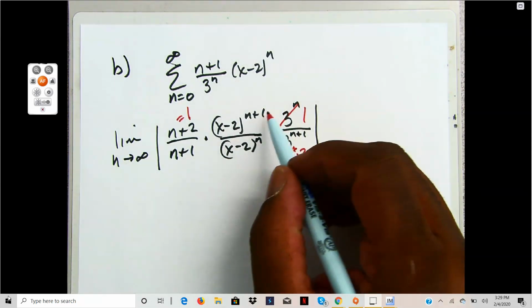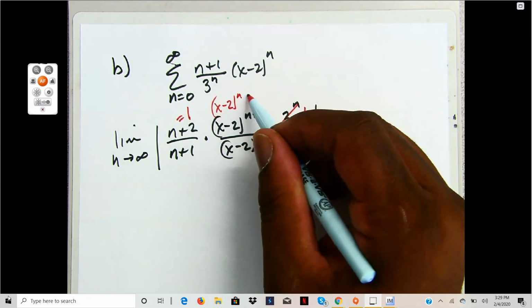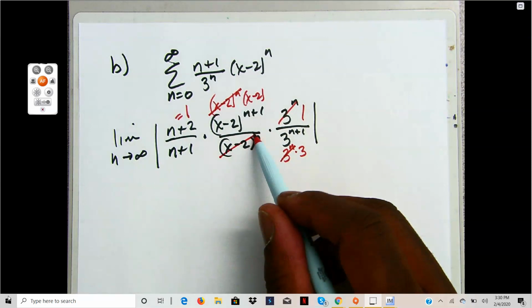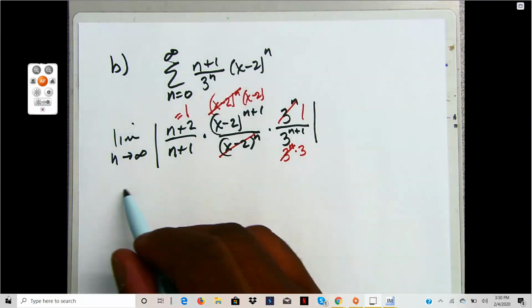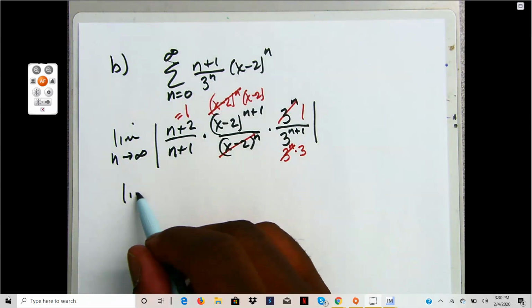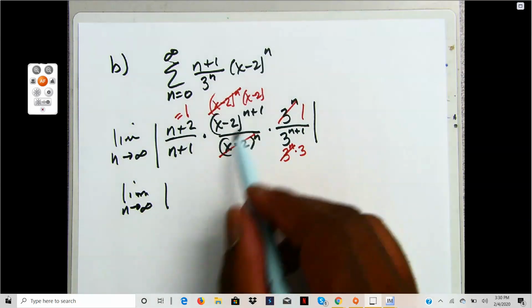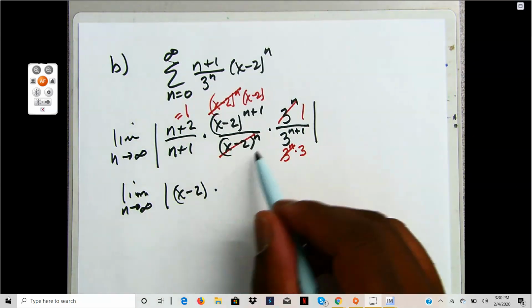And then (x minus 2) to the n plus 1 is (x minus 2) to the n times (x minus 2). So (x minus 2) to the n divided by (x minus 2) to the n is equal to 1 there. So this leaves us with the limit as n goes to infinity, absolute value, of x minus 2 times 1 over 3.